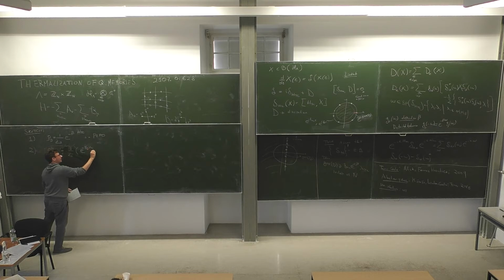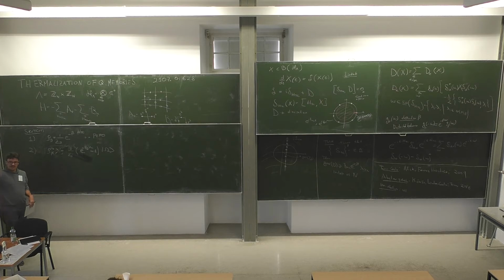It's a tensor identity acting on some maximally entangled state. It's a kind of local purification. If you trace out half of it, you get back your Gibbs state. And this is a PEPS. And so now we just start applying the PEPS machinery.